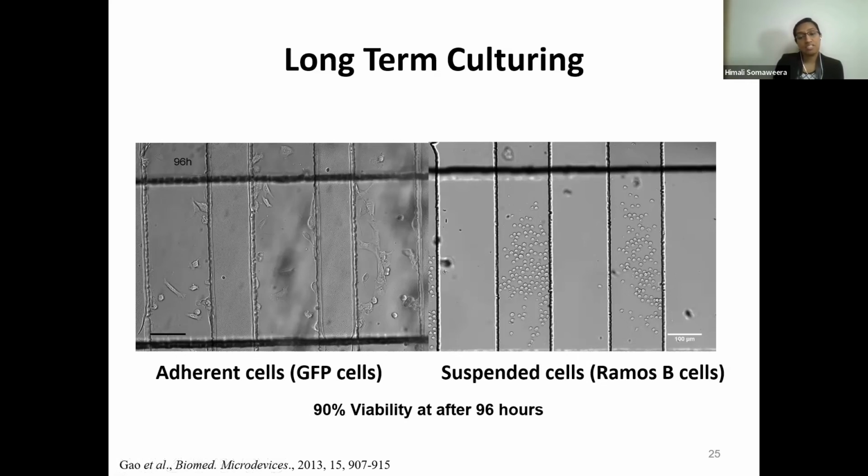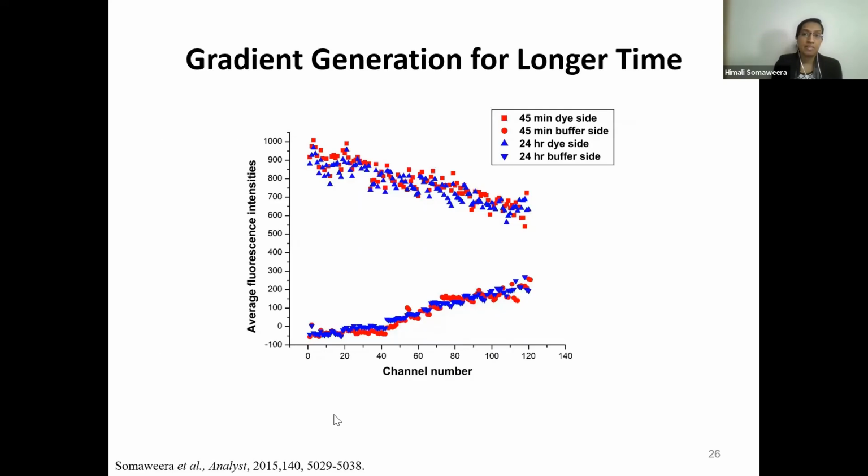That is a really big advantage, because you can grow cells for a long time and test different concentrations on the cells to see what the lethal concentration of the drug is, and we can target more with an efficient therapeutic effect.